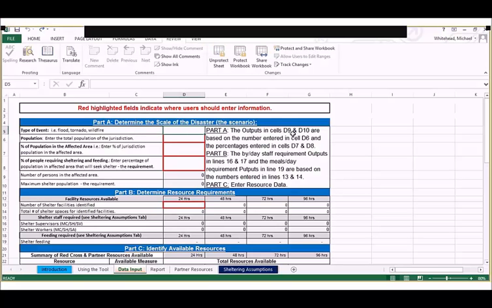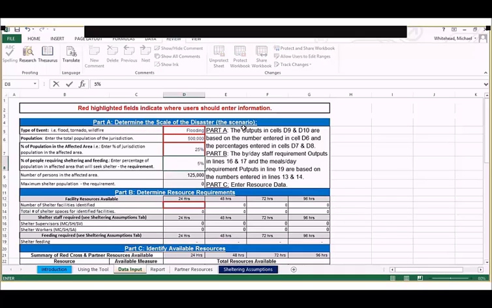So what we have right here is we go to the type of event. What we're going to say is we've decided it was going to be a flooding event. We decided that the population of the county, when we looked at it, is 500,000. The percentage of the population, and once again, this is something you would discuss with the partners, we came up with 20%, and based on that, you would discuss again what is the percentage of the people requiring feeding and sheltering.